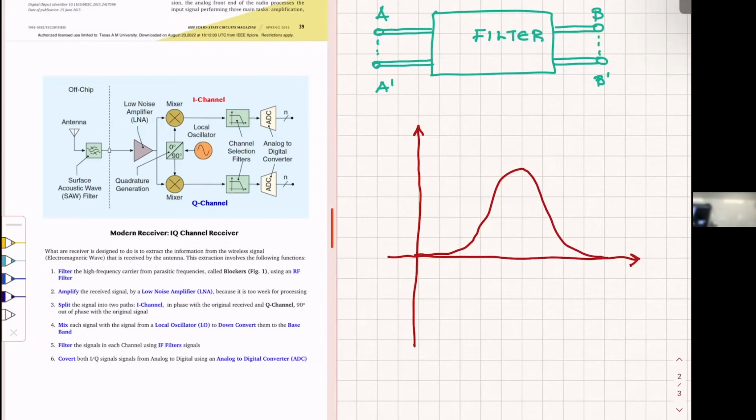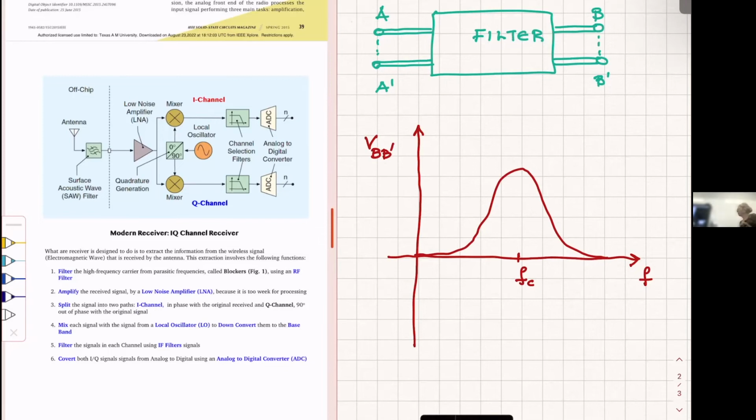A simple one. So what does that say? This is what goes through. It says at one particular frequency F, the center frequency, this is F, and this is the signal that goes out. So let's call that B, B of B prime.